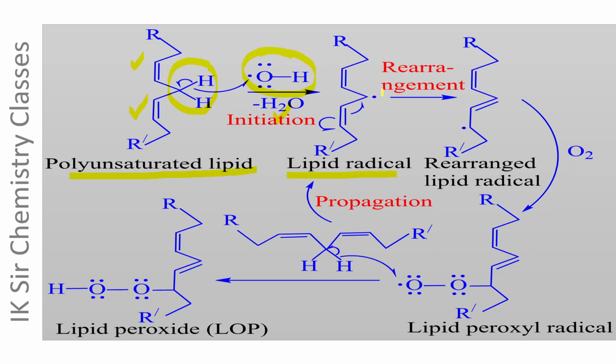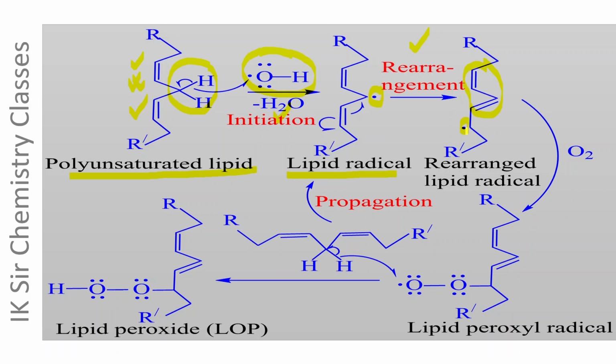This is a lipid radical having one unpaired electron. It undergoes rearrangement, forming a rearranged lipid radical. This has the unpaired electron at this position. The position of the unpaired electron has been changed, and it leads to the formation of conjugated diene. Isolated diene is less stable, and is transformed into conjugated diene, which is more stable, and hence this rearrangement reaction takes place.